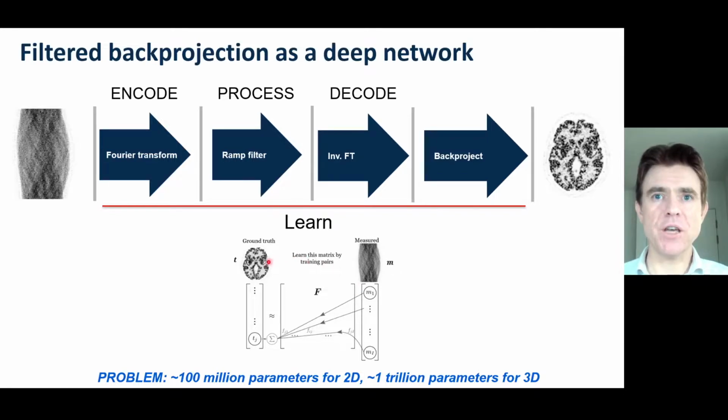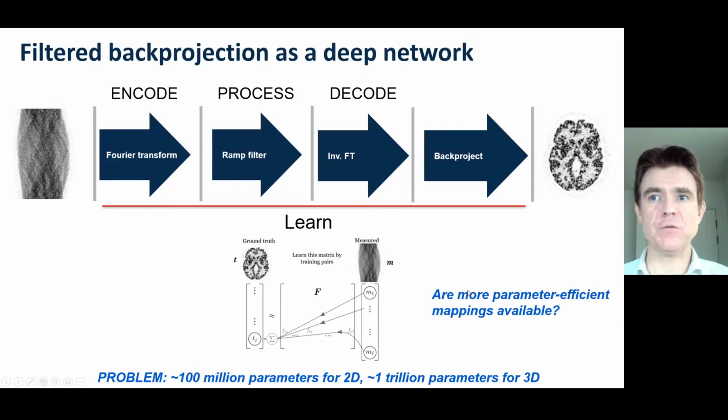But just a reminder then of just that simple linear mapping, taking us from a sinogram to an image. If this were a 3D problem, it's going to be a massive problem to solve if we wanted to learn the entirety of the process. It's a massive problem to solve, especially in 3D. And that therefore raises the question, are there more parameter efficient mappings available? In other words, here, if we need to go from a 3D set of sinograms to a 3D reconstructed image, if we need 1 trillion parameters, that's clearly not viable.